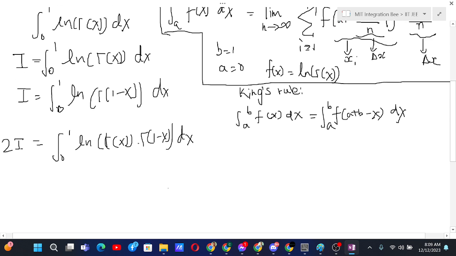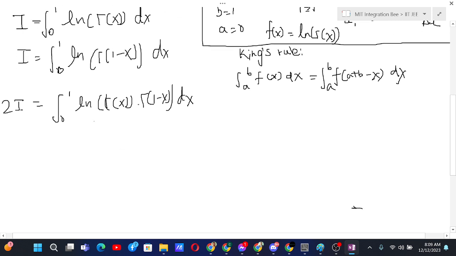Okay. Now we know that gamma x times gamma 1 minus x has a formula, known as the reflection formula. From the reflection formula, we know that this is going to be pi by sine pi x dx.